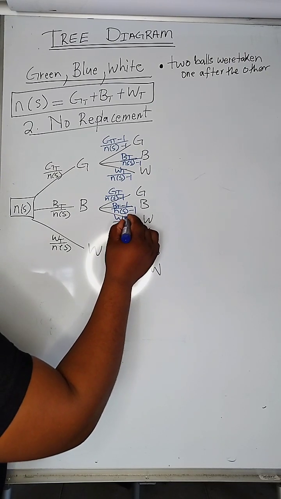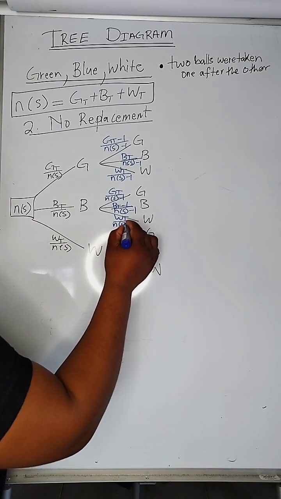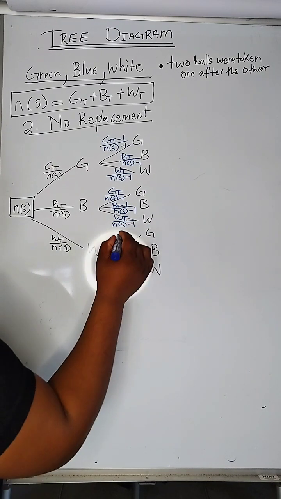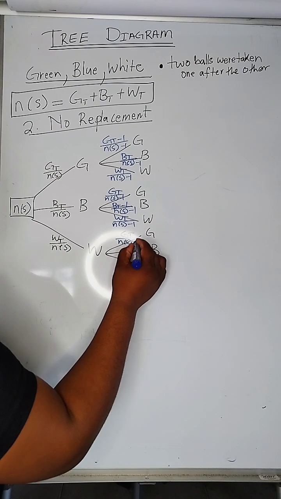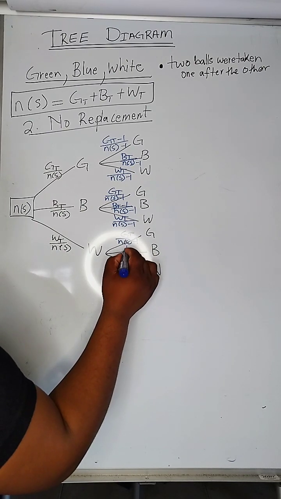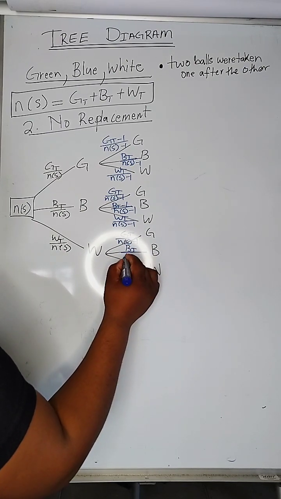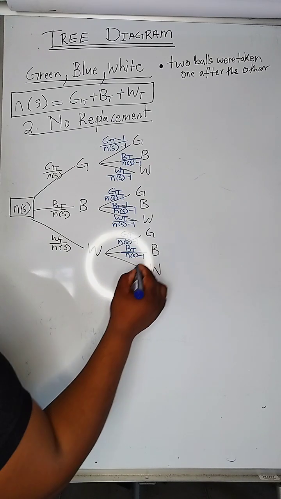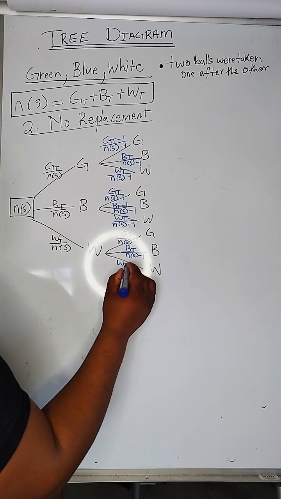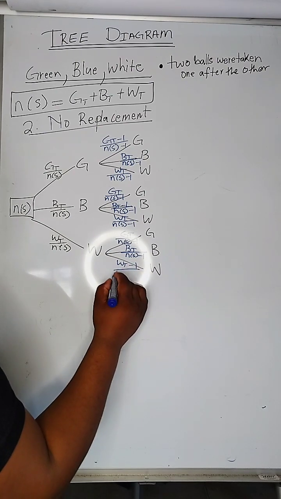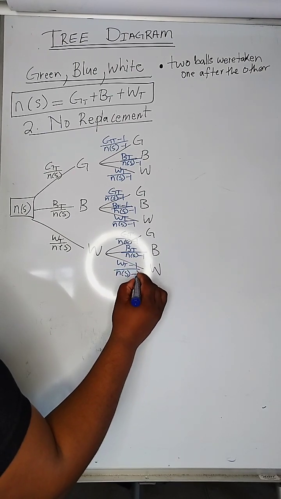W total divided by N of S -1. Here it will be G total over N of S -1. Here it will be B total all over N of S -1. Here it will be what? It will be W total -1 all over N of S -1.